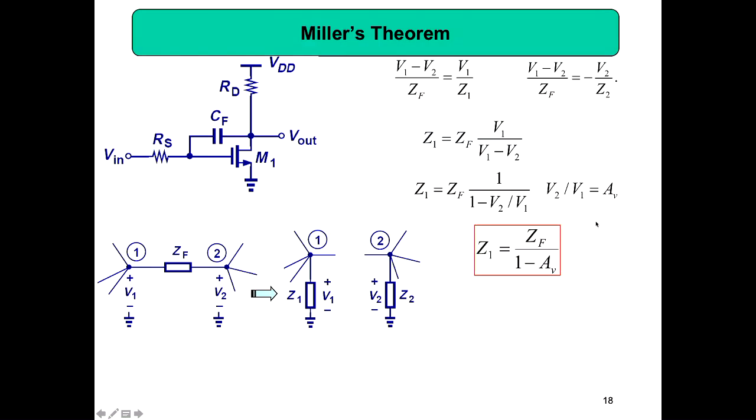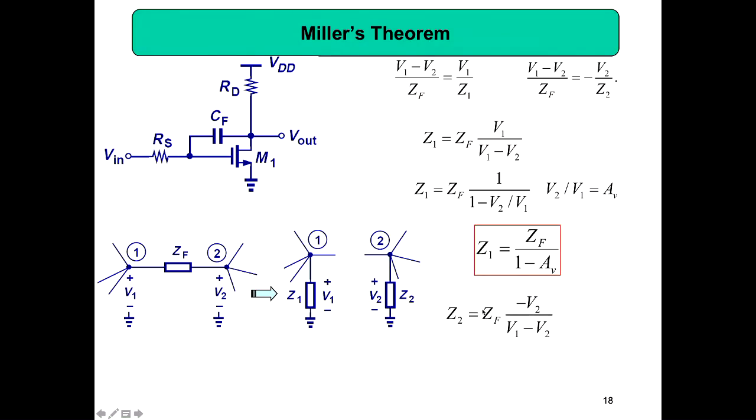So when you substitute, Z1, if you want to split it, this impedance Z1 should be ZF, the actual value, the impedance of this capacitor, divided by 1 minus AV. AV is the voltage gain, low frequency voltage gain. Same way we can find out Z2 from this equation.